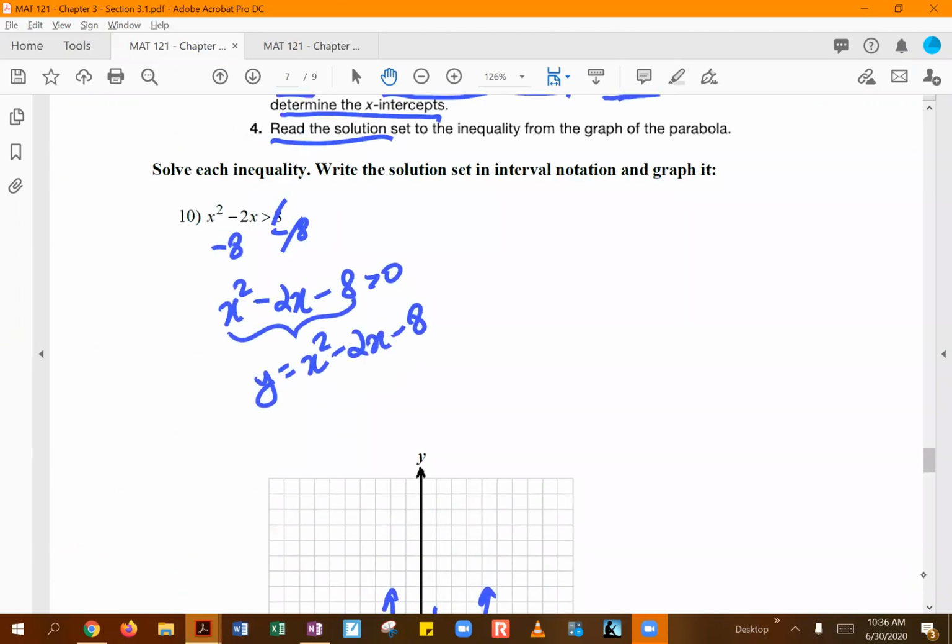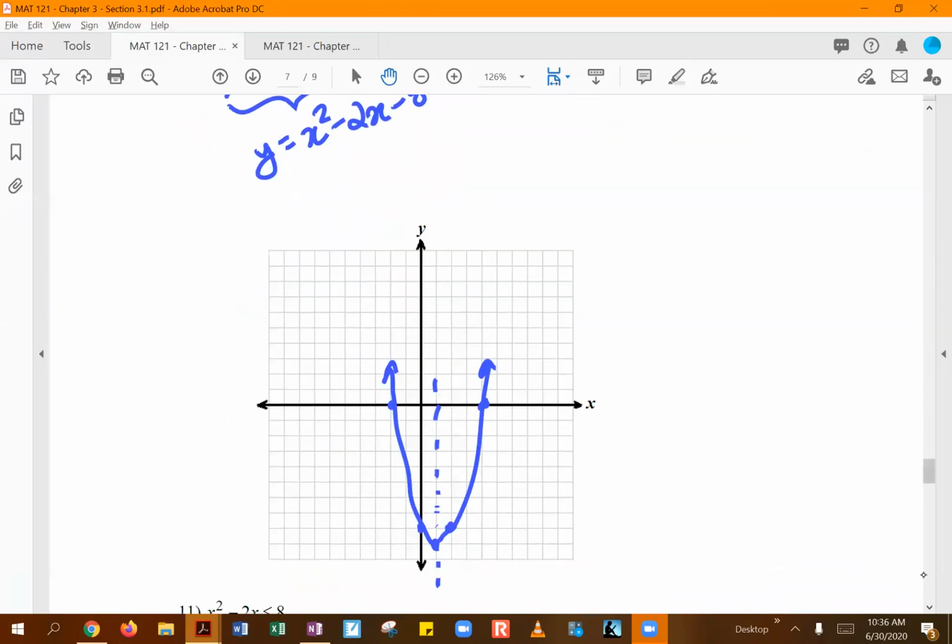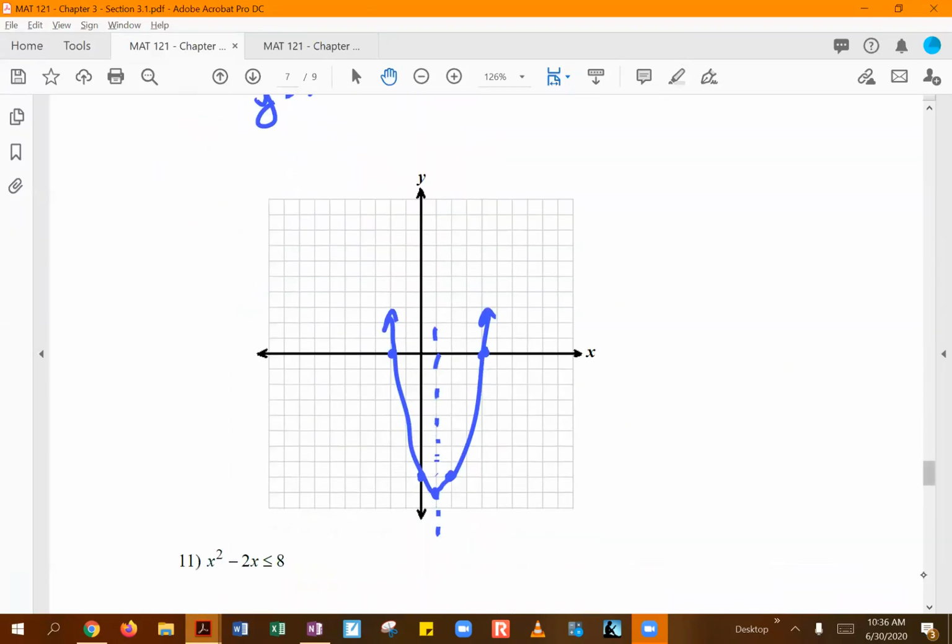Now, they are asking us, where is this function x squared minus 2x minus 8 going to be greater than 0? So do you have an idea of what that interval notation will look like? Where is this function going to be greater than 0?